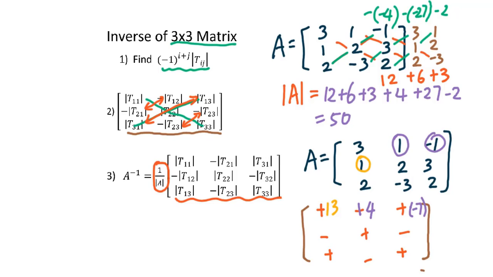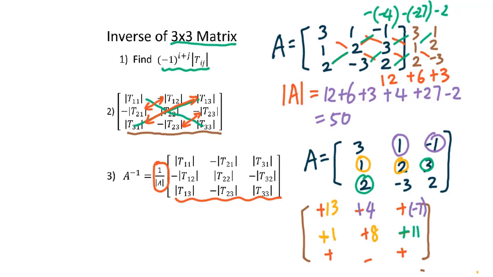Then here, you will get 2 minus 3, which will be negative 1, so let's write down positive 1 here. Then keep going. You will get positive 8 here. For this 3, you will get negative 11, so positive 11.